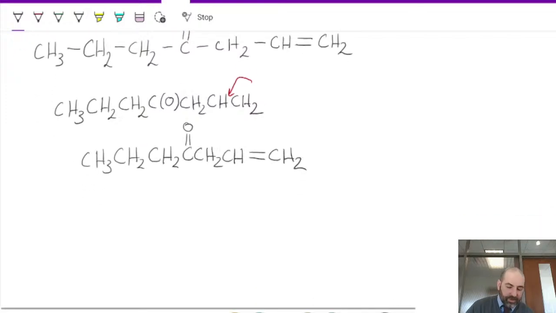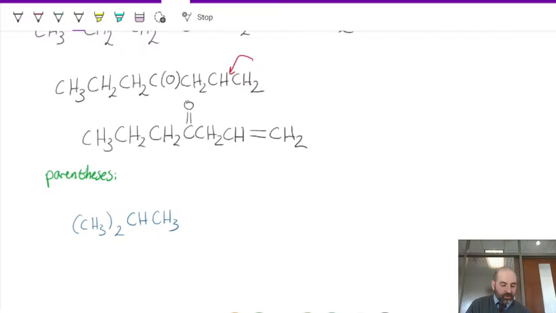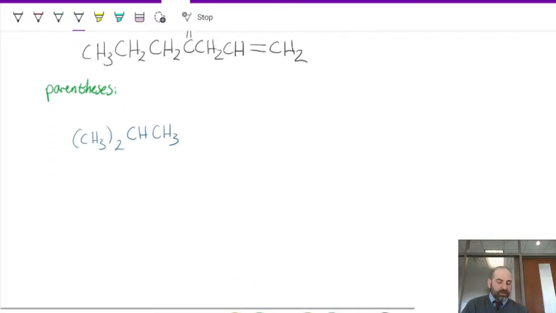All right, a couple other abbreviations you might see for condensed structures. We talked about parentheses with that O, but a couple other ones you might see is sometimes they are at the beginning of a structure. So if we had something like this, CH3 taken twice and then CH3, we have to be a little careful there.